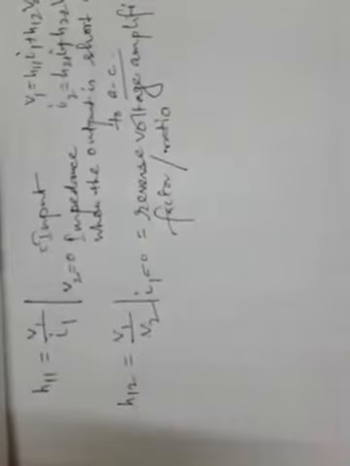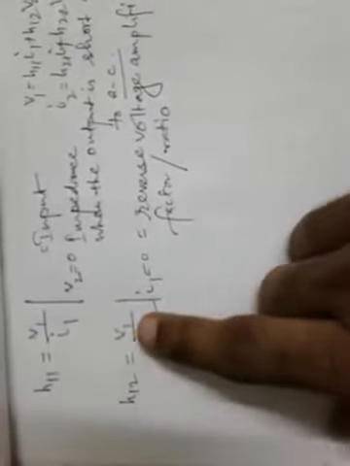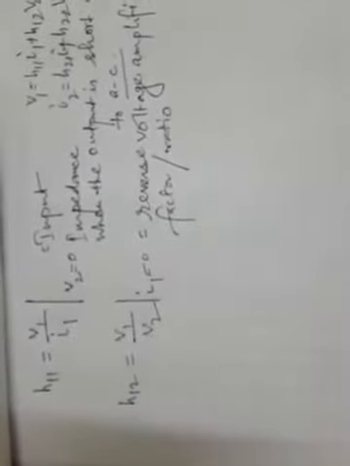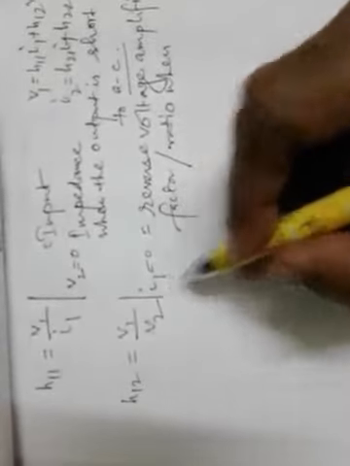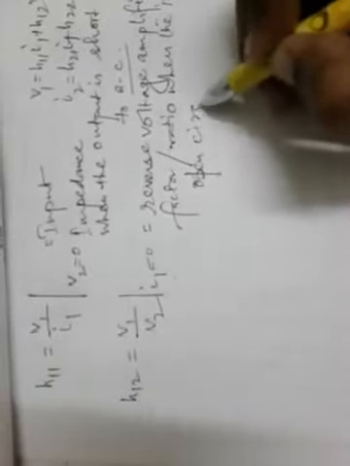So it is something like amplification of voltage, but that amplification is happening in the reverse direction, opposite to the normal direction. That's why it is called the reverse voltage amplification factor or ratio, and it is happening when I1 equal to 0. I1 is the input port current, and it can be 0 if the input port is open circuited. So it happens when the input is open circuited to AC.